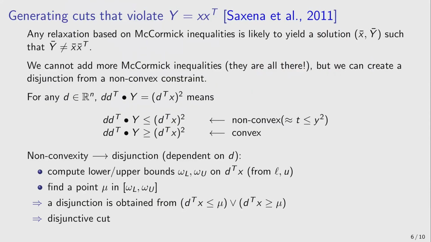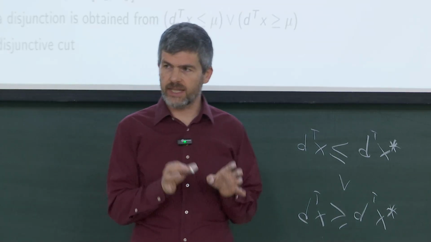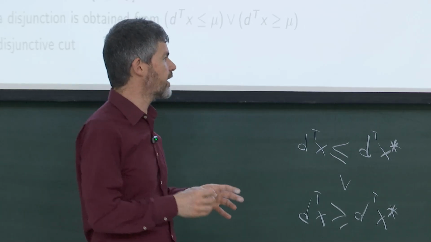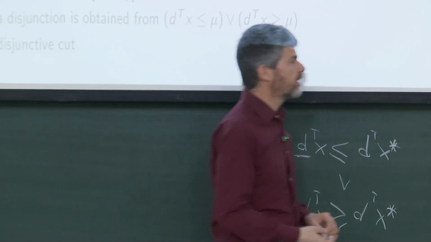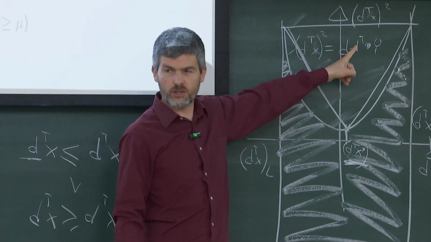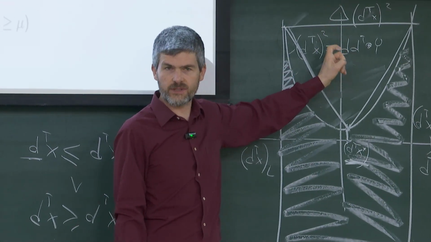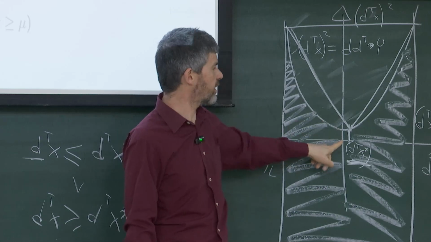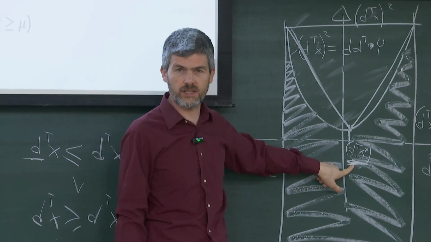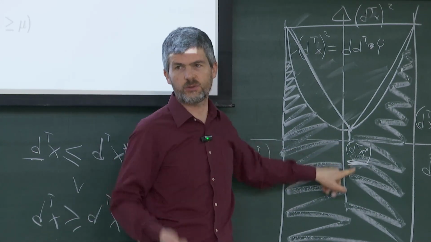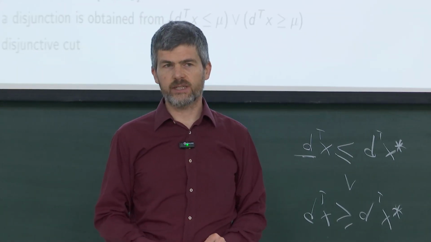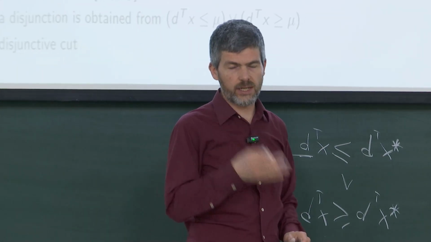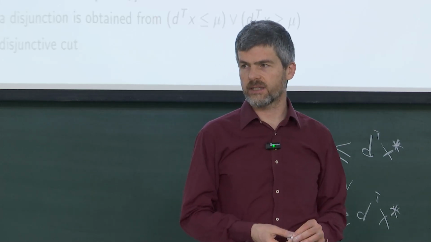So we only saw the simple side of this thing, but the complicated one is a smart way to find a d so that this shape is good for disjunctive cut purposes. So you need to find this disjunction that, when plugged into a framework for generating disjunctive cuts, will give you a deep, strong, tight disjunctive cut.